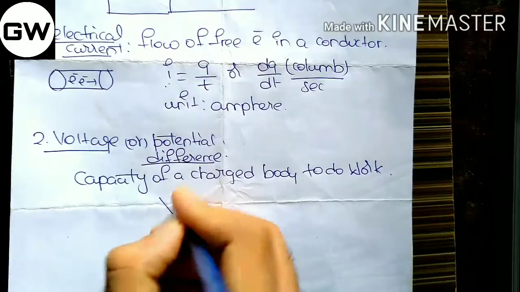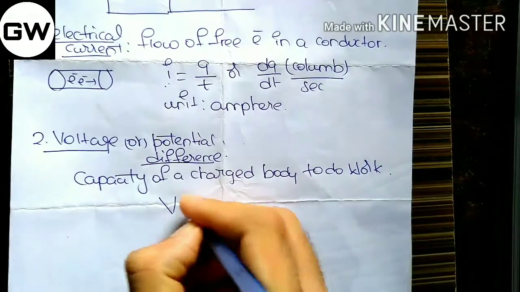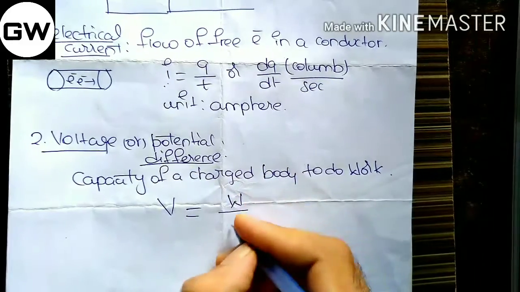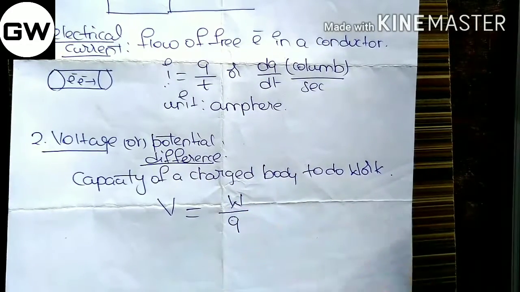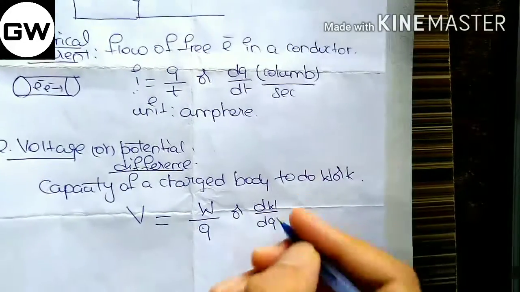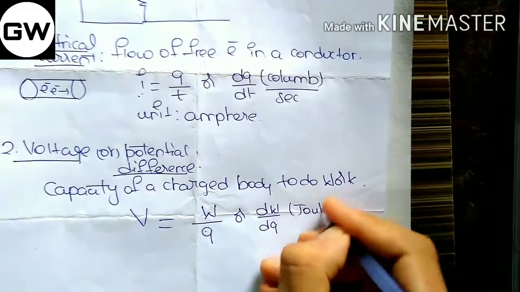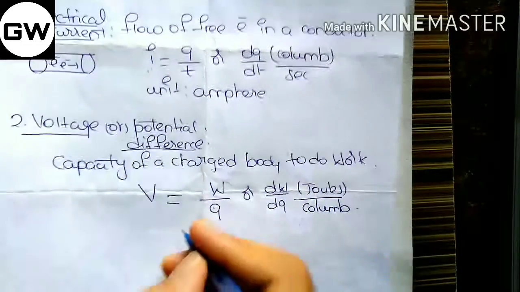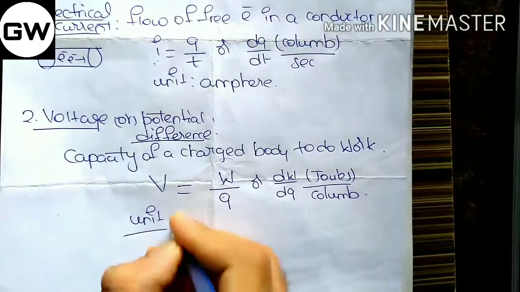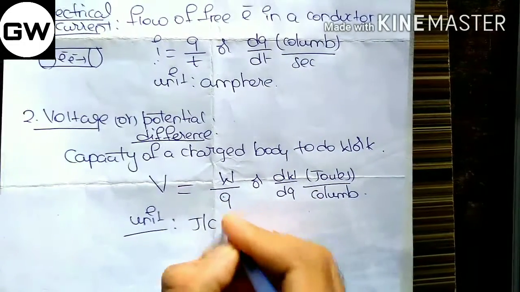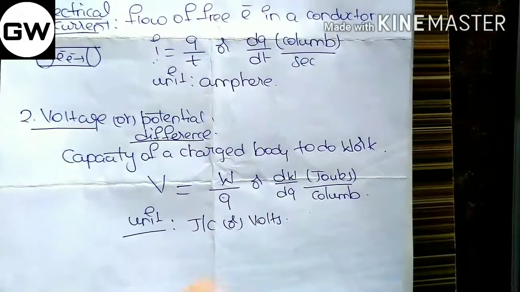It is denoted by the letter V. It is mathematically expressed as V equals work done by the charged body per charge Q, or dW upon dQ. The unit for the work is joules and the unit for the charge is coulombs. So the unit for the voltage is joules per coulomb, or volts.